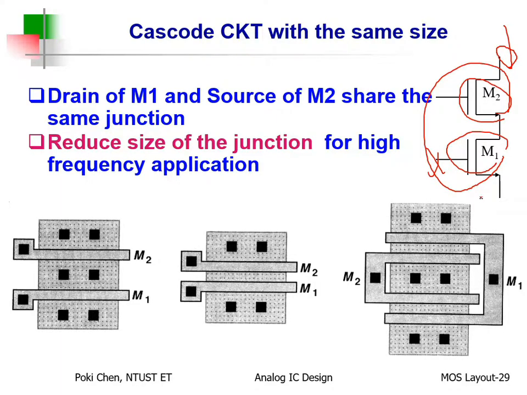This is for input, that is for ground. Okay, that is for bias, and this is for voltage output, for your VO. And how about this one? Nobody needs to connect this node. Got it? It is useless for connection.